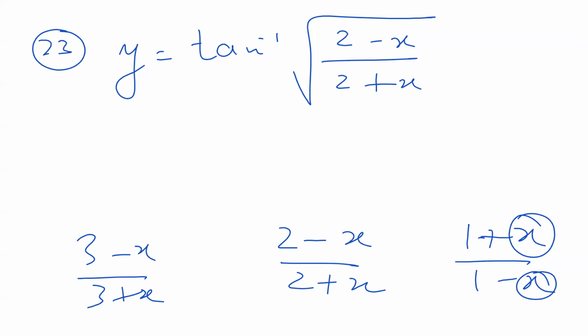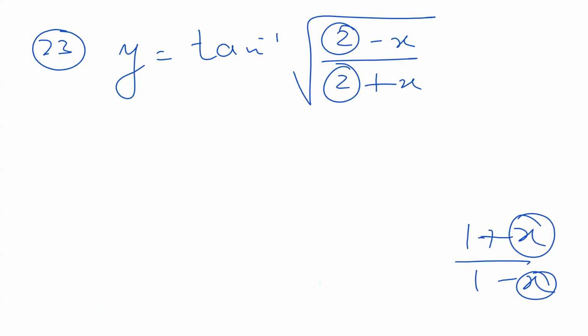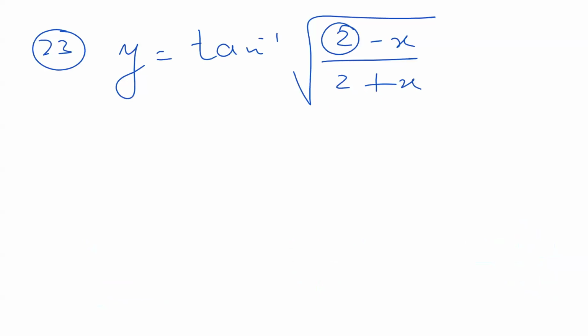Always do that, but put it along with a number. Whenever it is 2, you can write 2 cos 2 theta. Whenever it is 3, you can write 3 cos 2 theta. So cos 2 theta is fixed, but the number to put ahead is the same number. So put x is equal to 2 cos 2 theta.